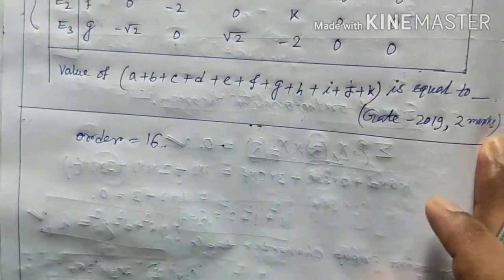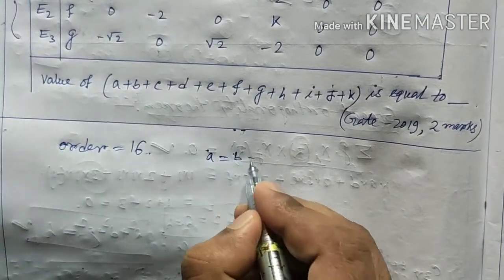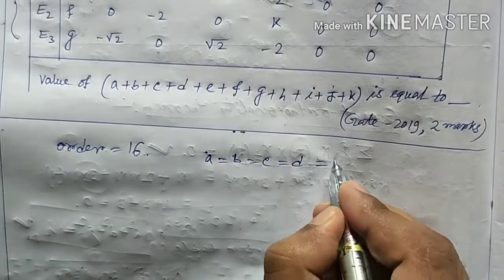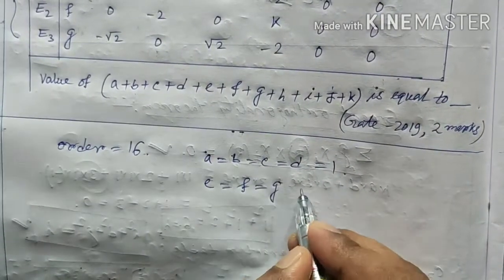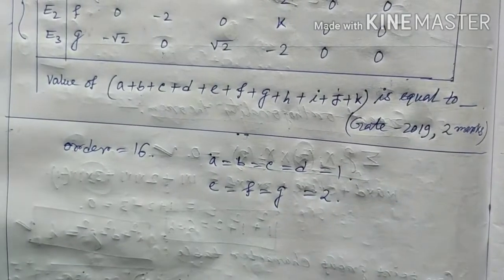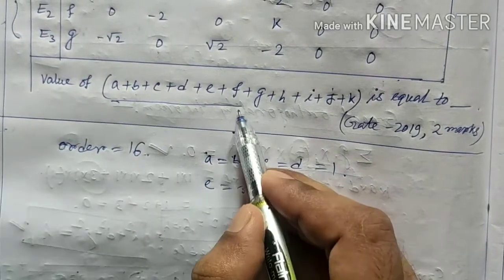So we can write that a equals b equals c equals d equals 1, and e equals f equals g equals 2. So from this summation we got the values till g.